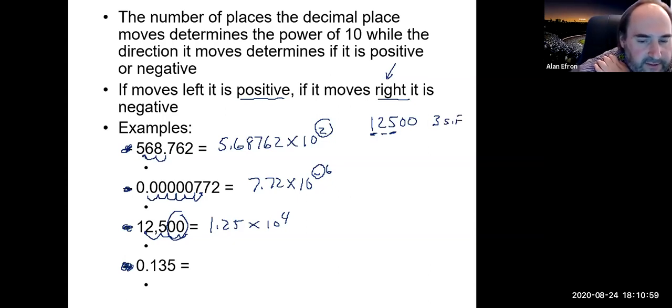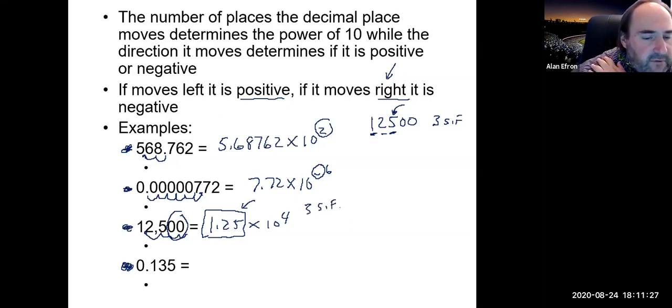By the way, the uncertain value or estimated value then would be the 5 in this case. What that means is when I write it here in scientific notation, if you remember what I said just a bit ago, whenever you write a number in scientific notation, all the numbers that come before the times 10 part are significant, which means that this number would also have 3 significant figures the way it is written.